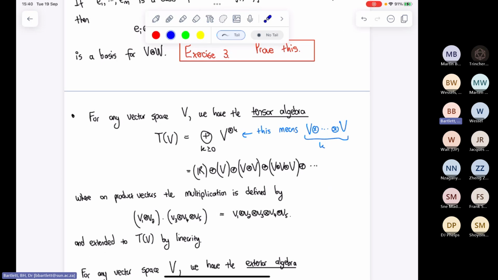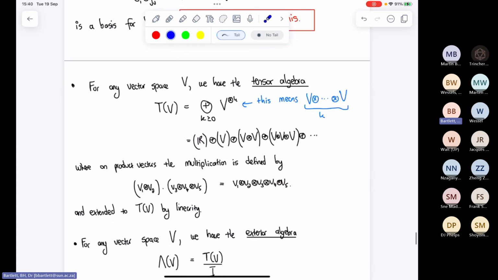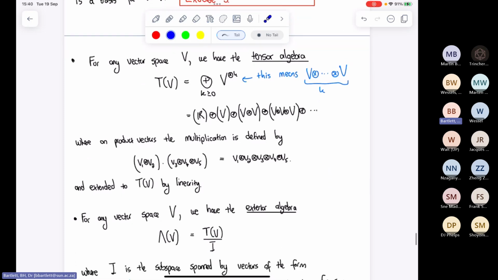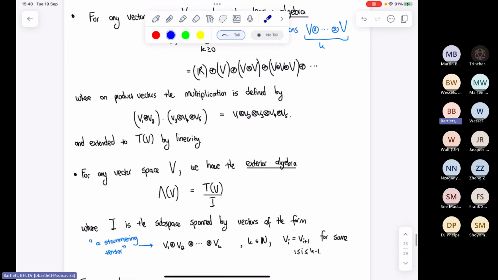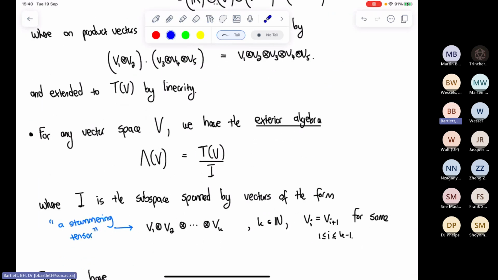Now, given the tensor algebra, I can form the exterior algebra. How do I do that? It's again a quotient space. The exterior algebra is a new algebra where I take the tensor algebra and I quotient it by an ideal, which is again a subspace, and it's the subspace spanned by vectors of this form. It's called a stammering tensor.